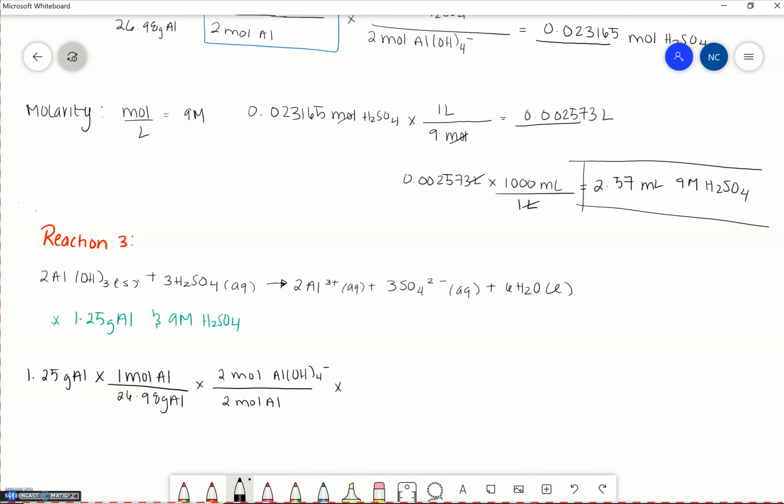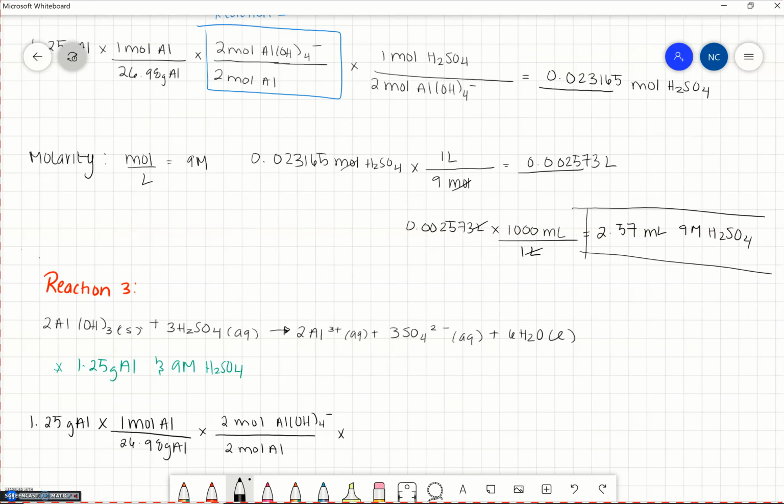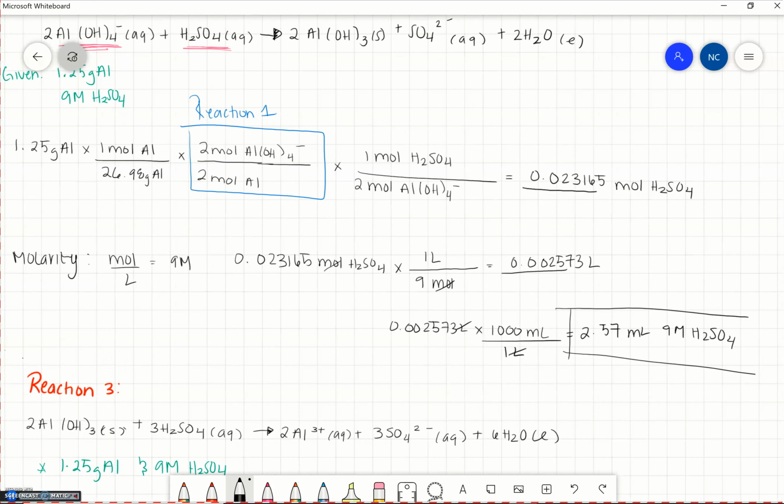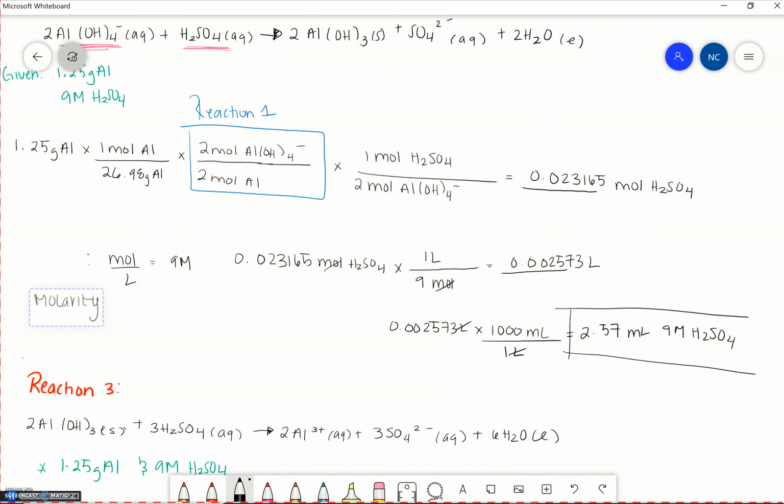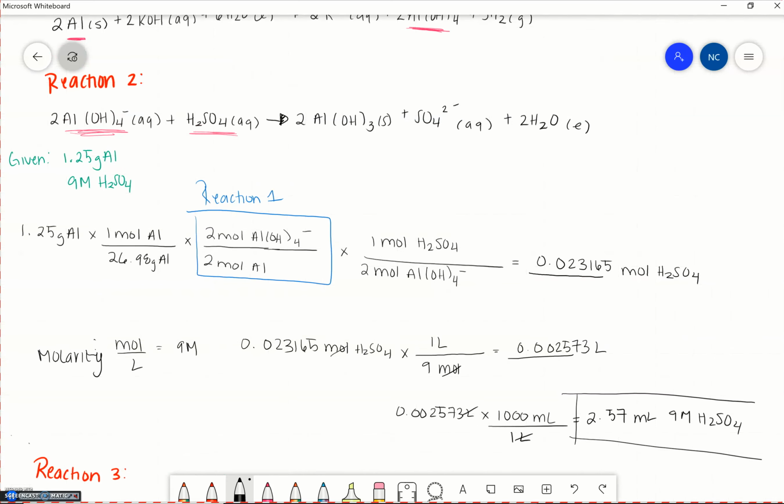And then here we're going to be using the balanced equation from reaction 2, because we're going to go from aluminum hydroxide 4- to aluminum hydroxide 3.